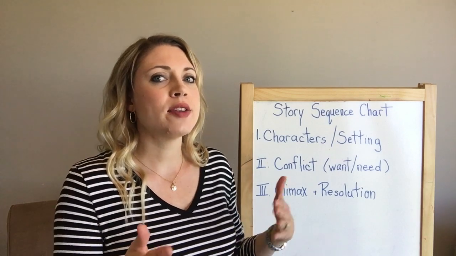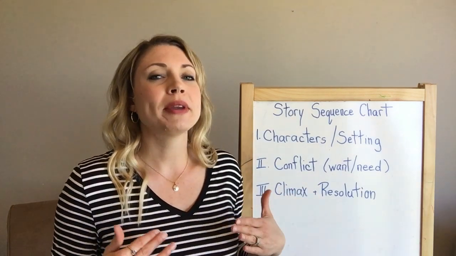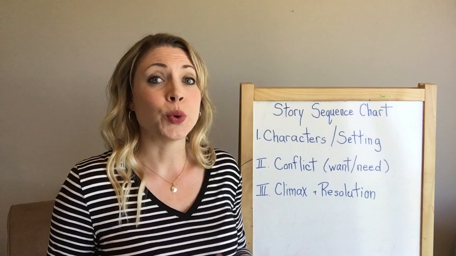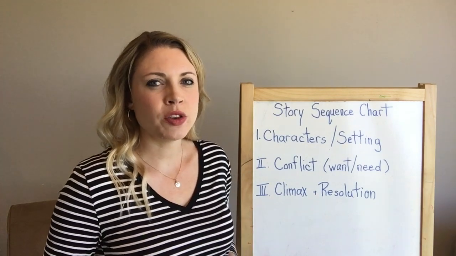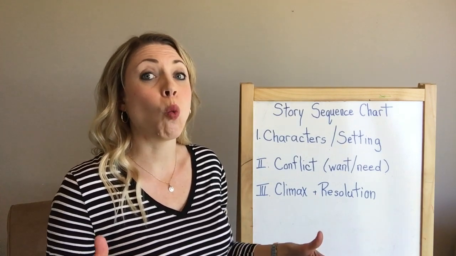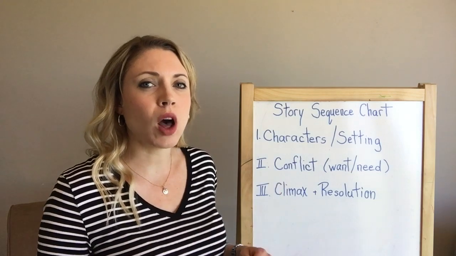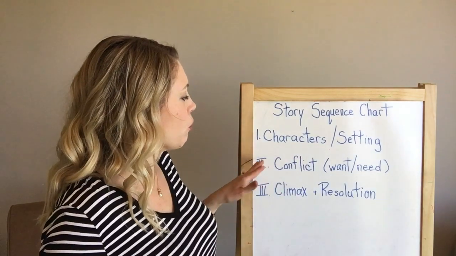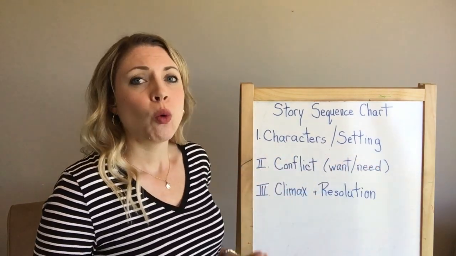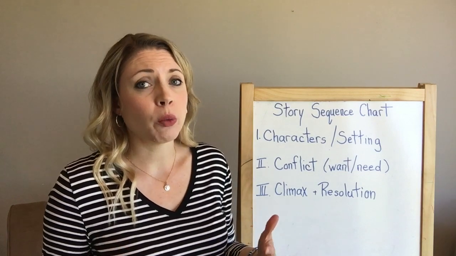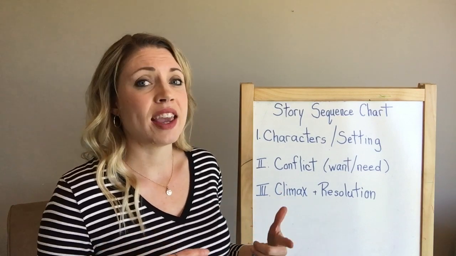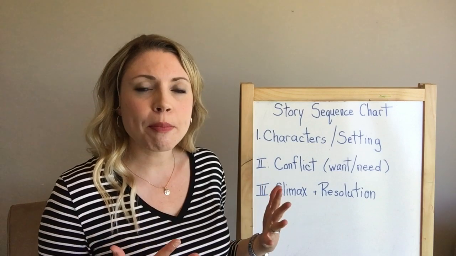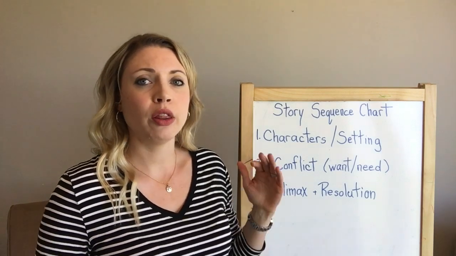And what is preventing them from getting what they want or need? Once you've started on the problem, what do they want? Then you round out this paragraph with what do they do about it? What do they do? What do they say? What do they think about?